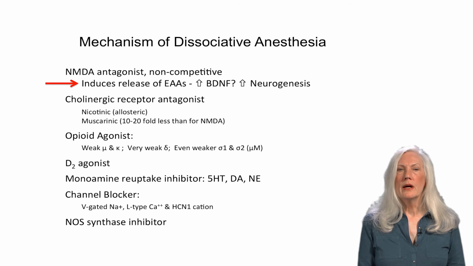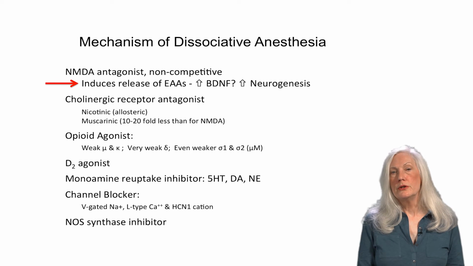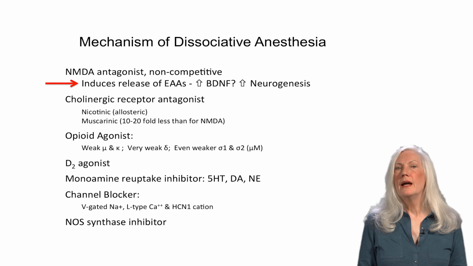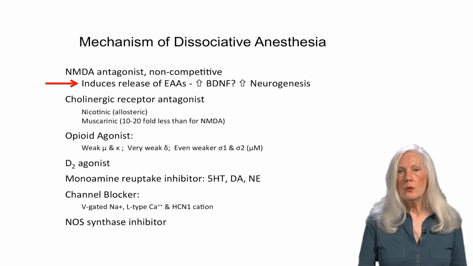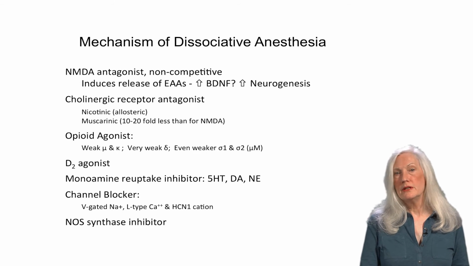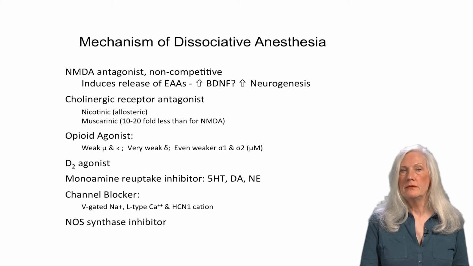Usually, antidepressant compounds take several weeks to produce their effects, including increased neurogenesis. But ketamine is antidepressant within hours and can even reverse suicidal ideation in the emergency room. So NMDA inhibition is important, but maybe for antidepressant activity rather than anesthesia.